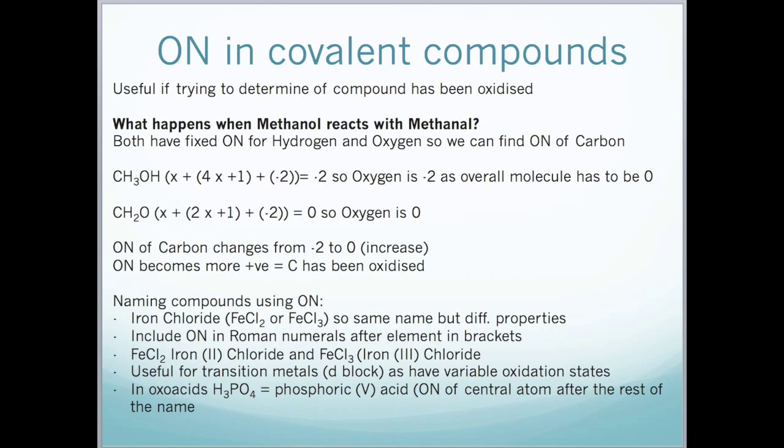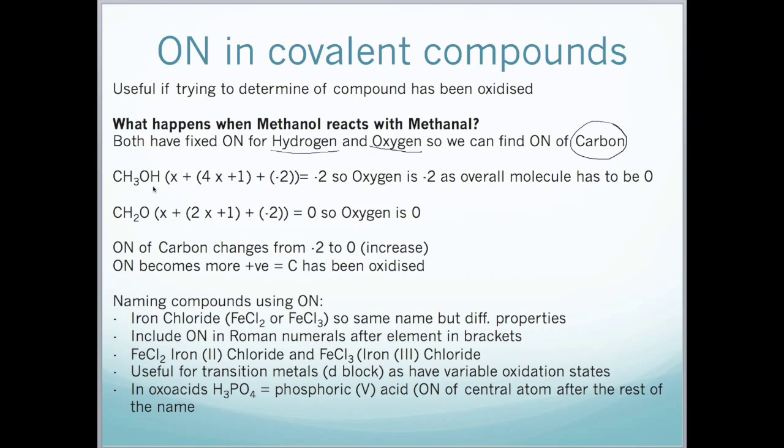We can also apply the concept of oxidation numbers to covalent compounds. It is very useful when we're trying to determine if a particular compound has been oxidized. The example I have here is a reaction between methanol and methanal. Since both compounds have a fixed oxidation number for both hydrogen and oxygen, this allows us to find the oxidation number of carbon.